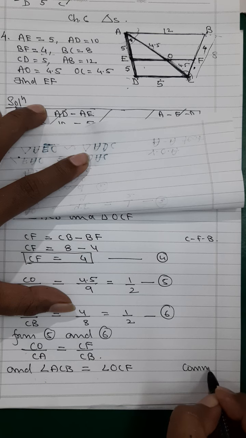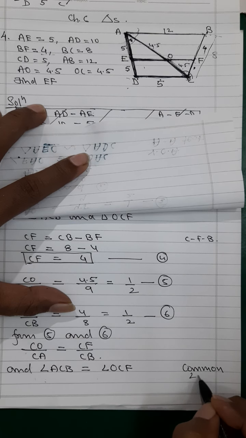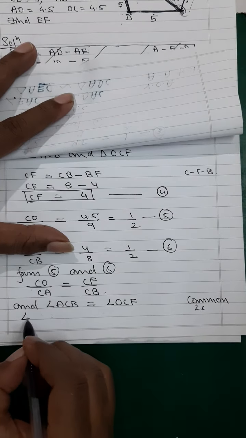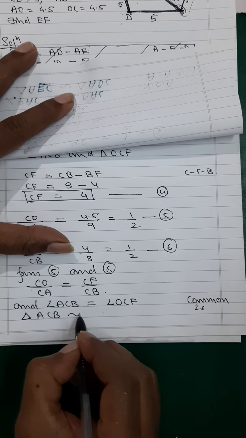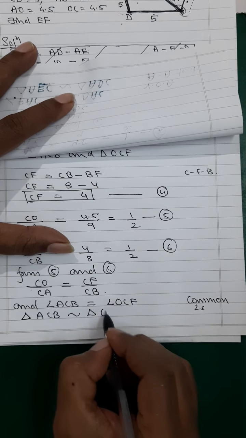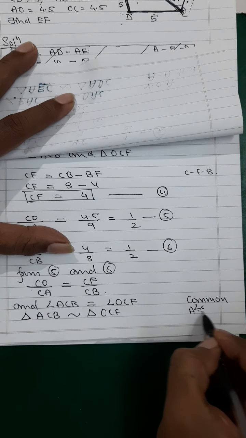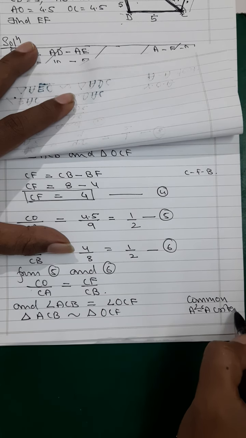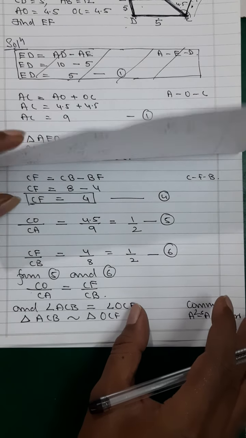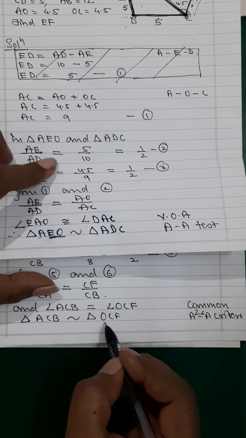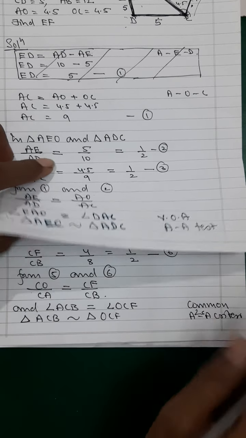So you get triangle ACB is similar to triangle OCF. The reason is the angle criteria. Okay, so now you will do the same thing. Now you want to find OF. OF you have to find. So you will do what?